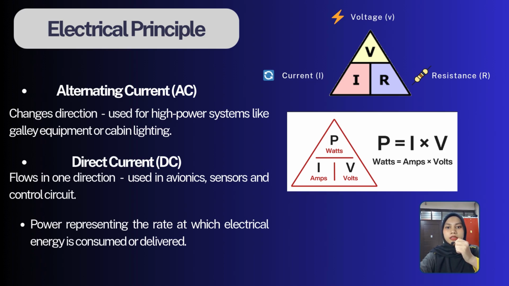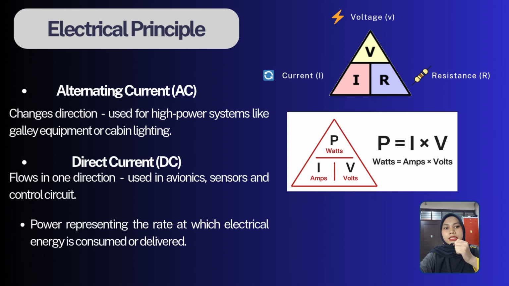And then the aircraft electrical systems use both alternating current AC and also the direct current DC. So the AC flows in alternating directions, and it is used for high power systems like galley equipment and the cabin lighting.